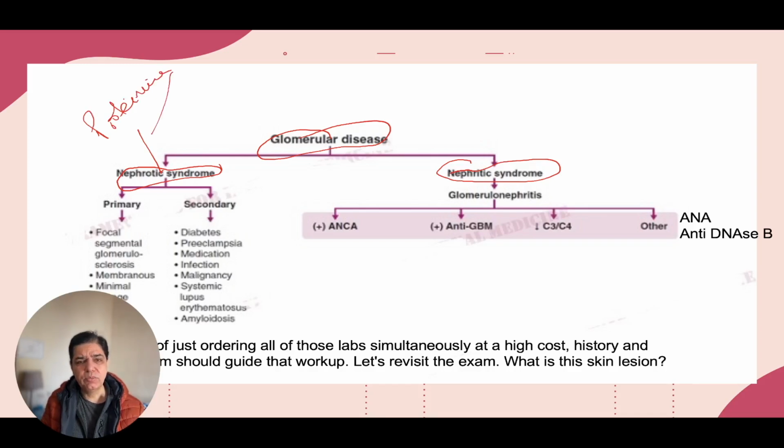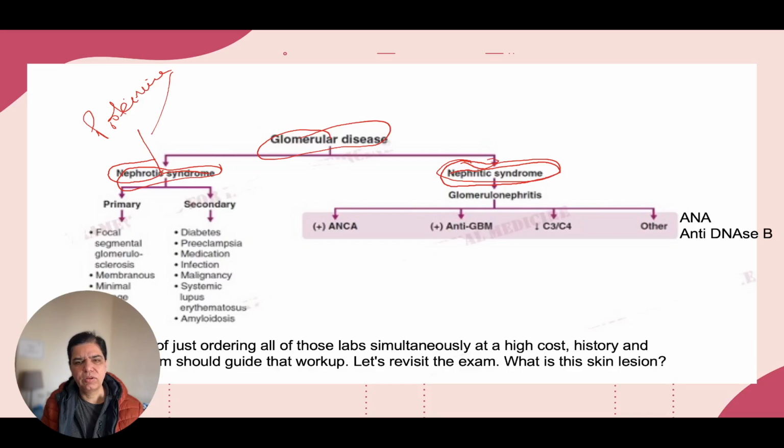The damage to the glomerulus is such that instead of blood, it is passing mostly proteins, albumin, and some other proteins as well. If proteinuria is the main issue with glomerular disease, we call it nephrotic syndrome. Or it could be mainly the presence of blood, hematuria, where we call it nephritic syndrome. And that can be in the form of glomerulonephritis again.